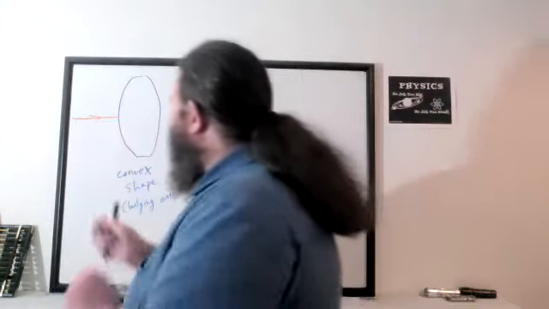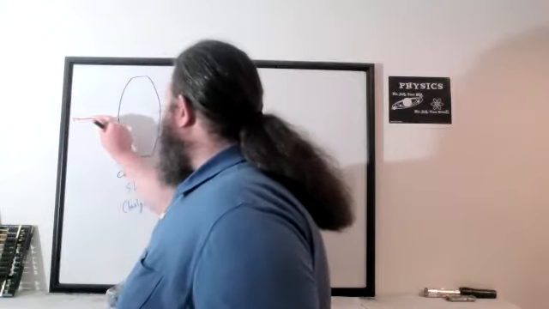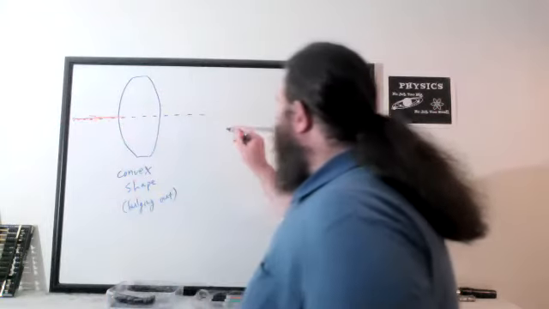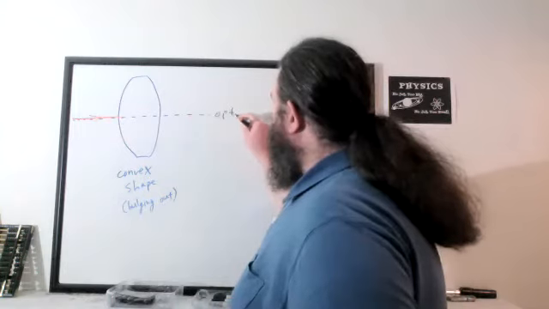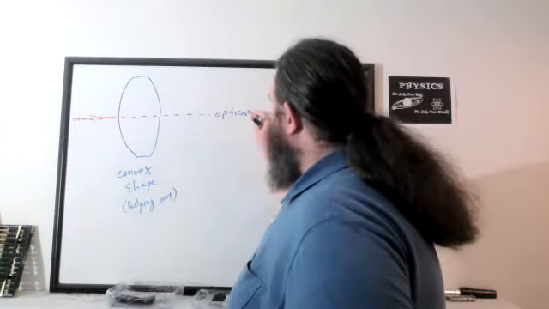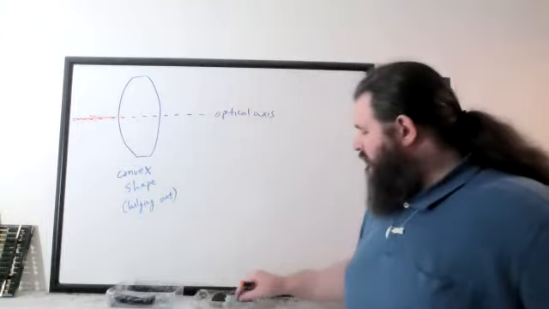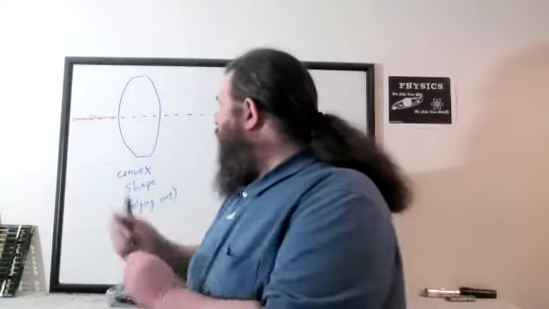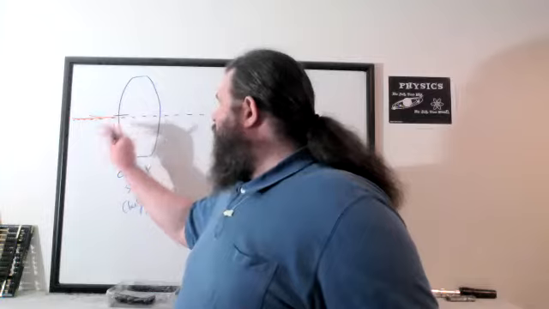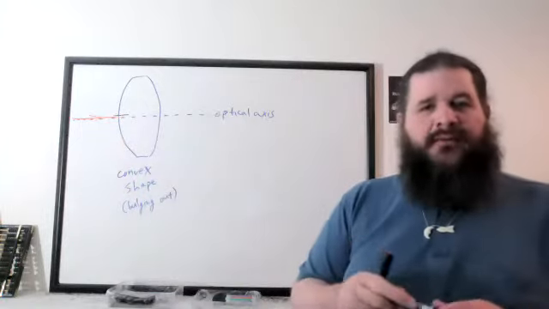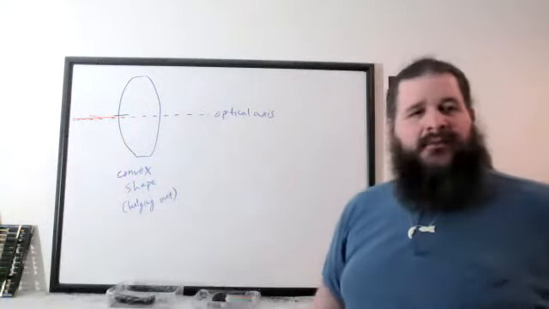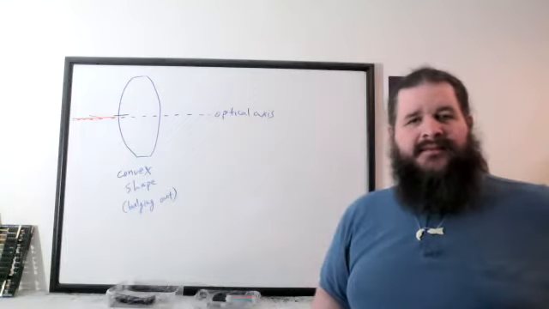In particular, let's say we have one coming in along what we call the optical axis. This line of symmetry, the optical axis. In that case, at that location, the normal line is the optical axis. So if you just got a ray of light coming in along the normal line, what would you expect to happen to that?